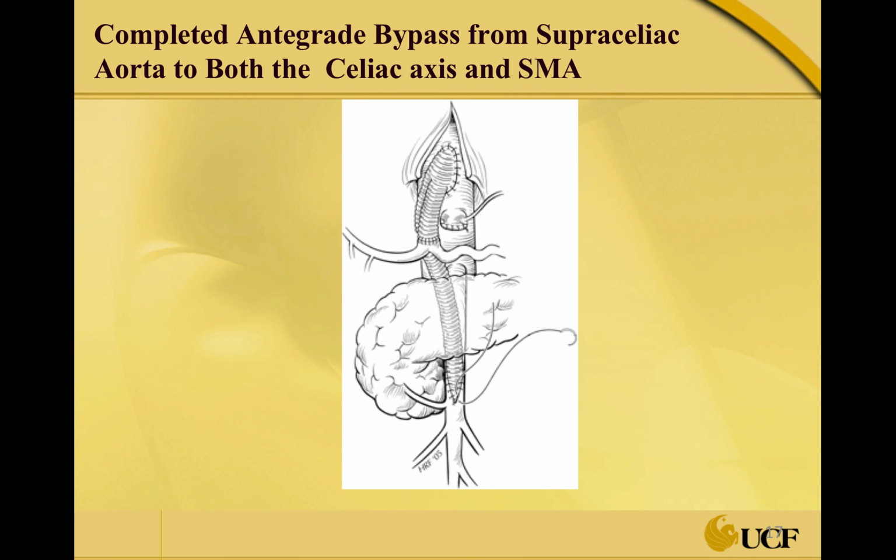Another surgical intervention is the completed antegrade bypass from the supraceliac aorta to both the celiac axis and SMA. I have to say that this is a very highly technical surgical topic where usually interventional radiology and vascular surgeons are involved.